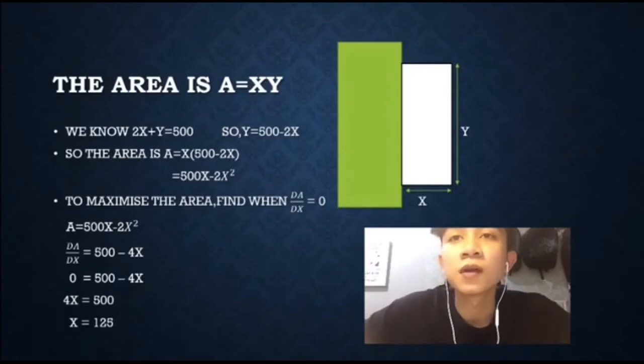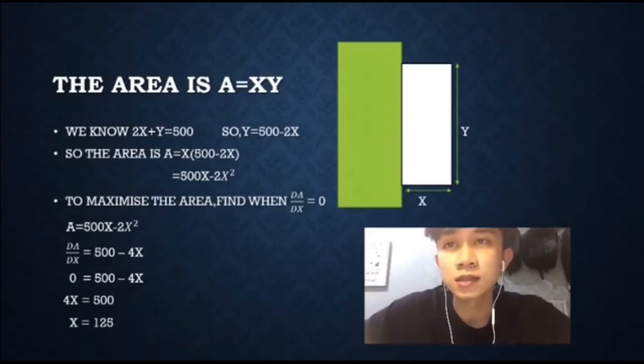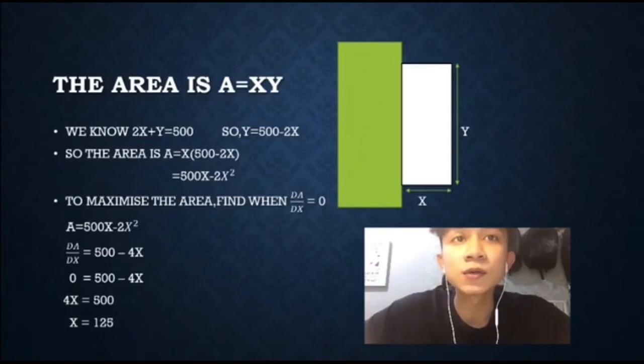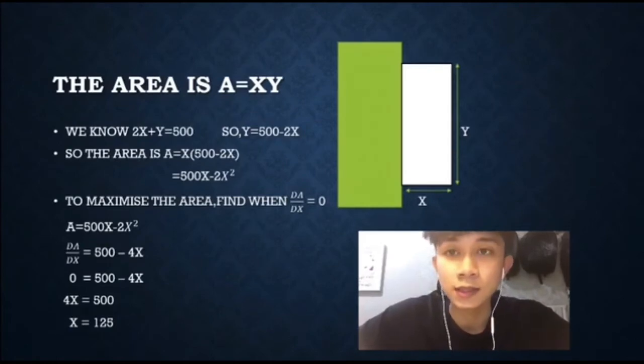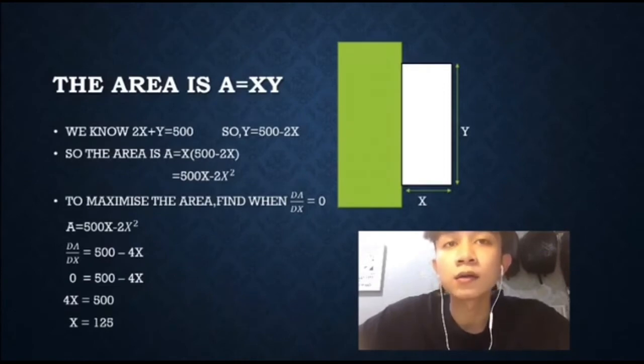Now I would like to continue with the solution of this question. As we know, the formula of the area is length times height. Firstly, we need to find the equation using 500 meters. The security fence is required along the remaining three sides, so the equation must be 2x plus y equals 500, because there are 2 lengths and 1 height.